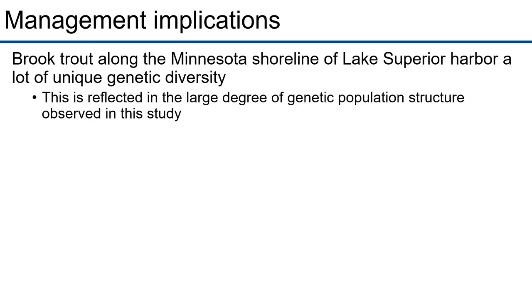So tying everything together, I just wanted to reiterate that brook trout along the Minnesota shoreline of Lake Superior harbor a lot of unique genetic diversity, and this was reflected in the large degree of genetic population structure that we observed in this study.